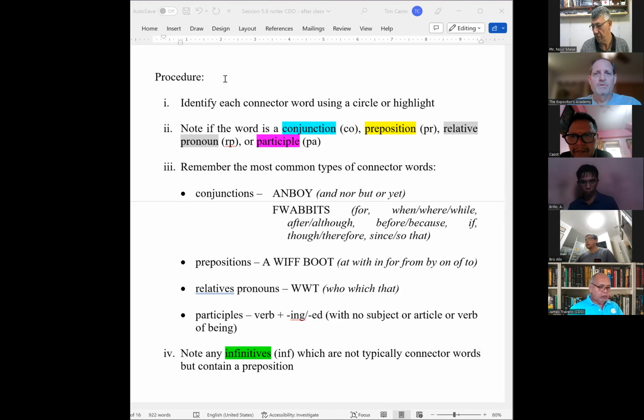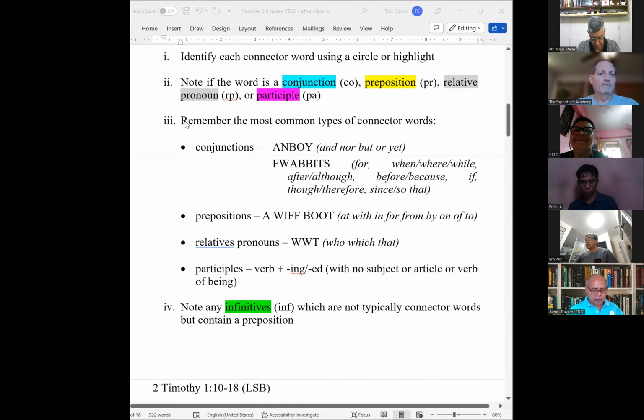All right. So here I'm showing you on your screen just the procedure. Again, we want to identify each connector word. And remember, the connector words are the conjunctions, prepositions, relative pronouns, and participles.